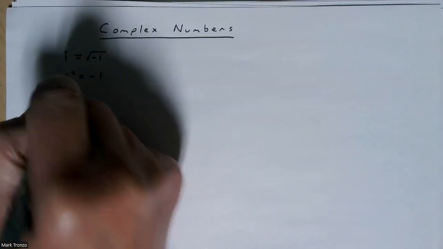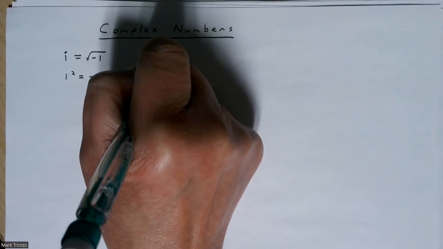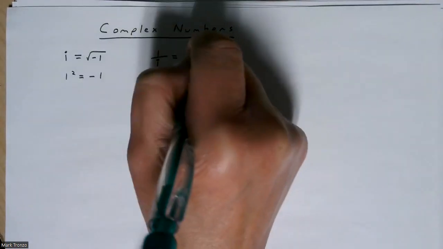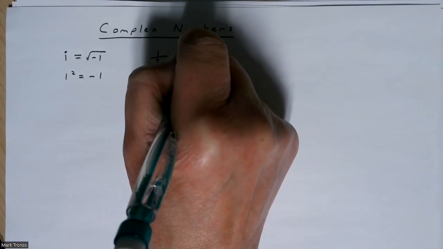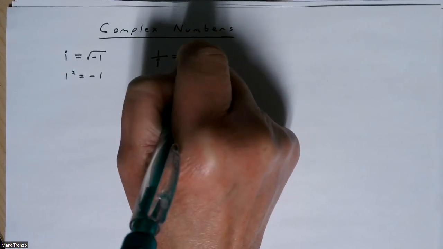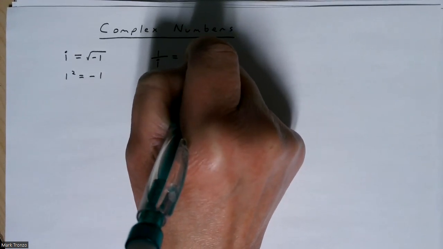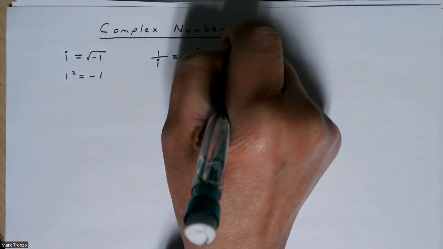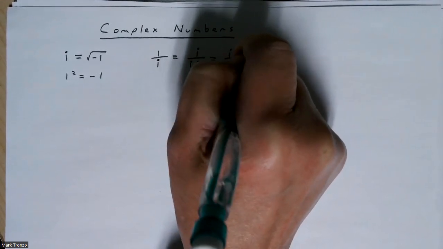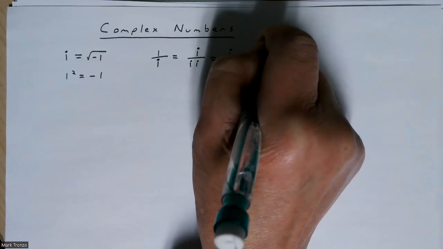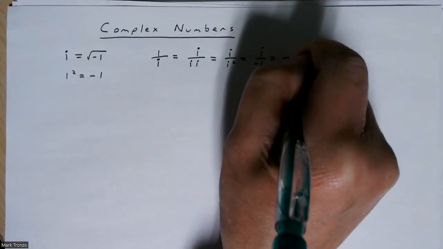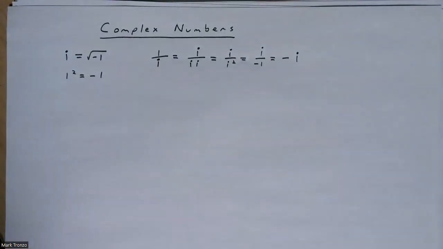And also, if you think of 1 over i, that's going to be equal to, if we multiply the numerator and denominator by i, i over i squared, which is equal to i over minus 1, which is equal to minus i. So 1 over i is equal to minus i.